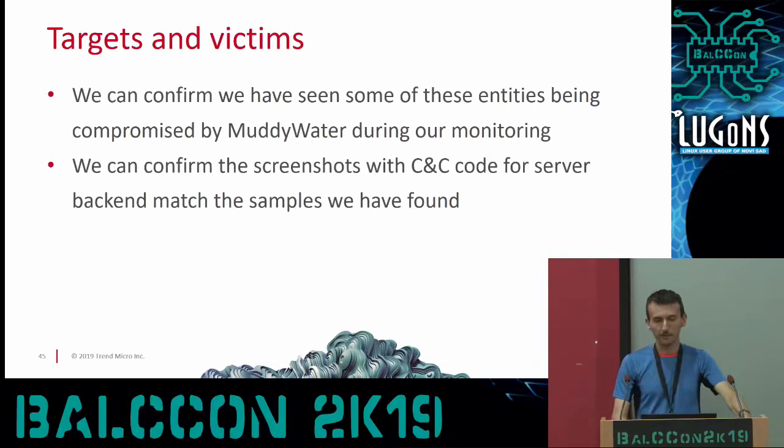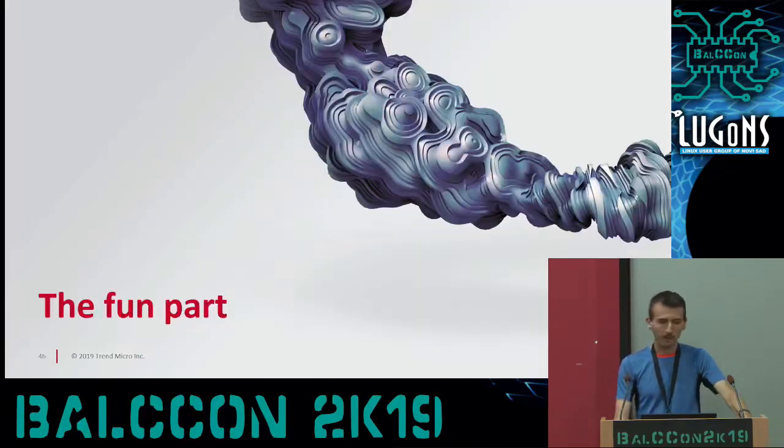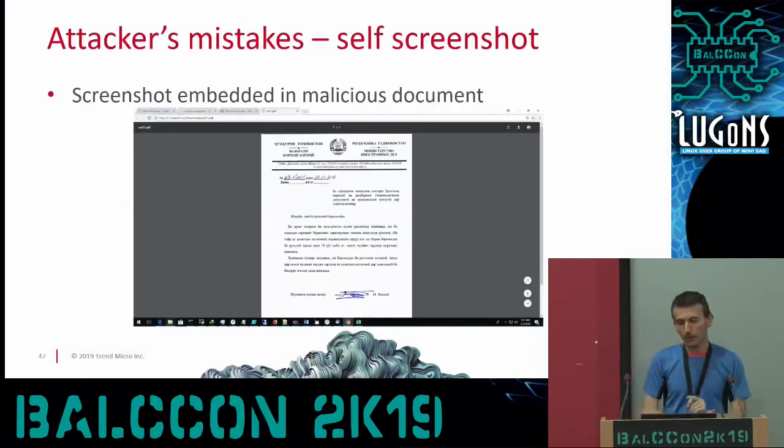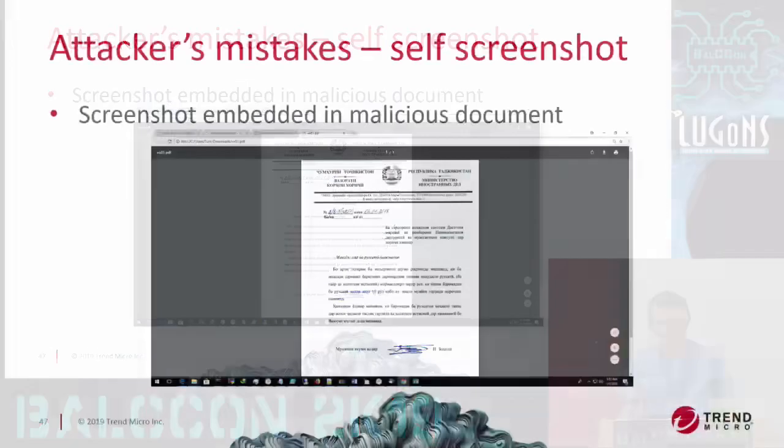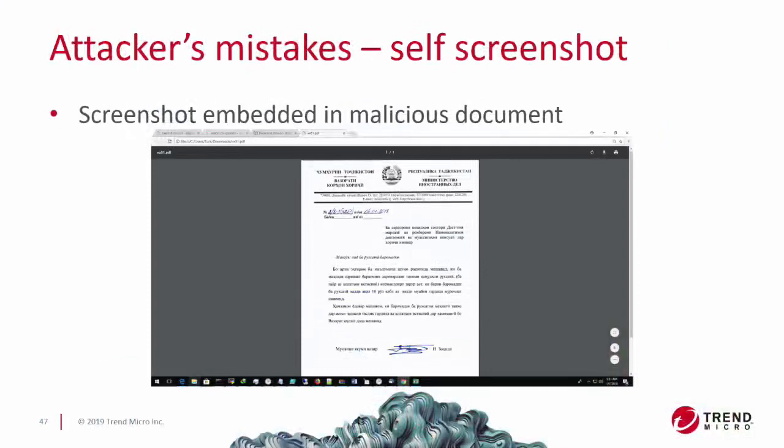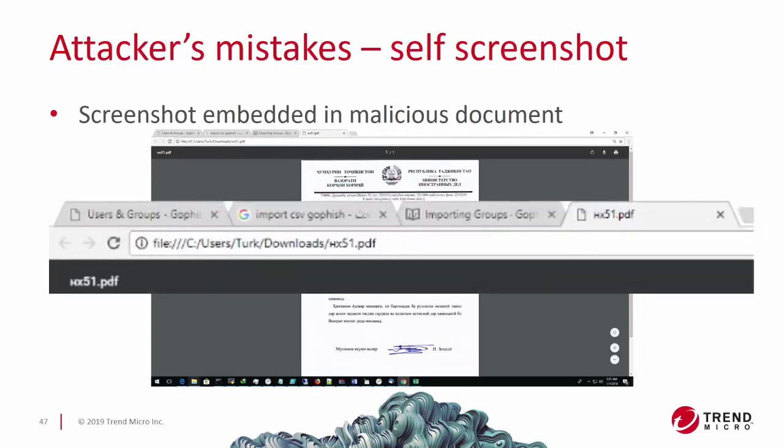Now, for the last part, I will talk about some of the mistakes which the threat actor made. The first one was quite interesting. We analyzed these documents, as I mentioned before, and in one of these documents there was an embedded screenshot. Someone, probably by accident, took a screenshot of his computer and embedded it into this document, and we managed to find it.